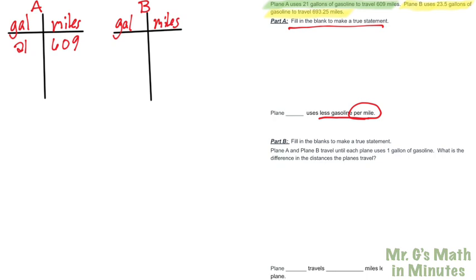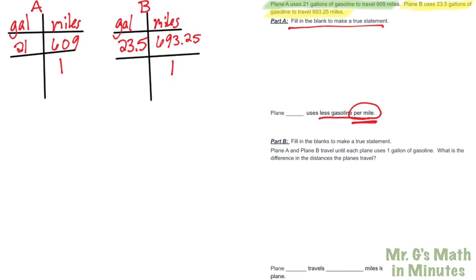And then for plane B, they give us 23.5 gallons with the number of miles being 693.25. So that is going to be our first row in both of these tables. Now, like I said, in part A, they want it to be per mile. So per mile means 1 mile.